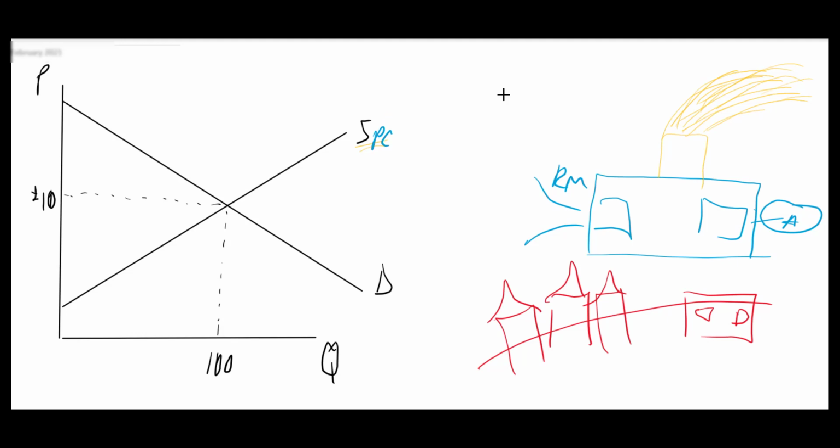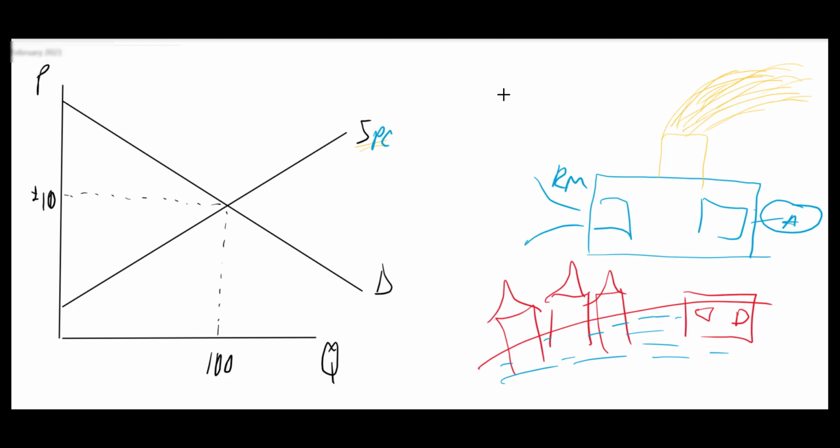Because this gas going into the atmosphere causes healthcare issues in the village, people will be sick and basically breathing polluted air, and that is a negative externality of this production process. The company doesn't consider that.